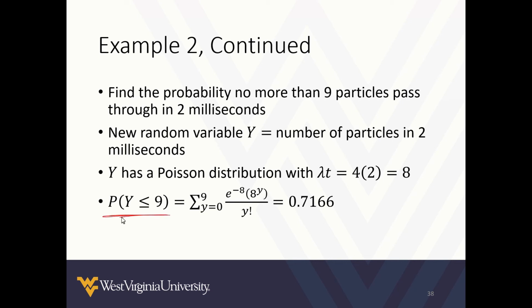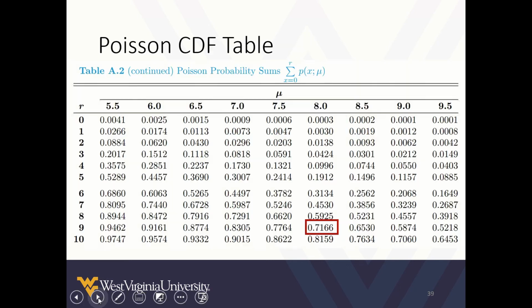We could calculate this directly by doing the summation of y equals 0 to 9 of e to the negative 8 multiplied by 8 to the y over y factorial. That would equal 0.7166. Or we can use the Poisson table. Our lambda t is 8. We want to find y less than or equal to 9.